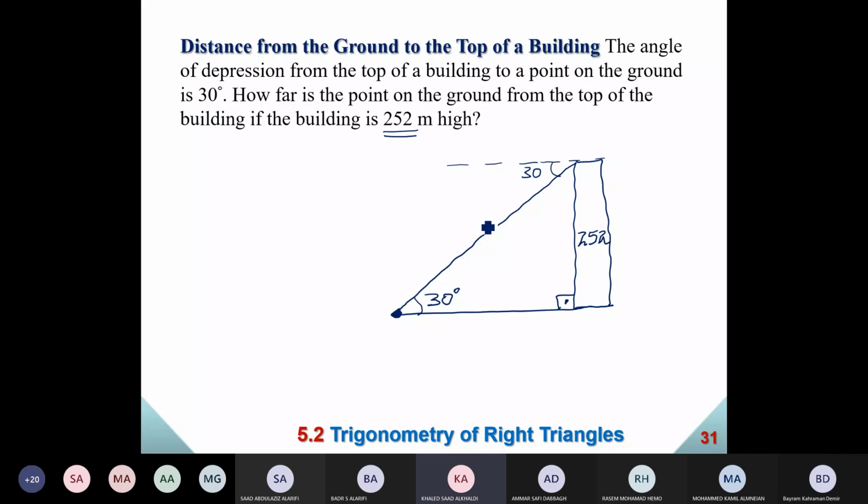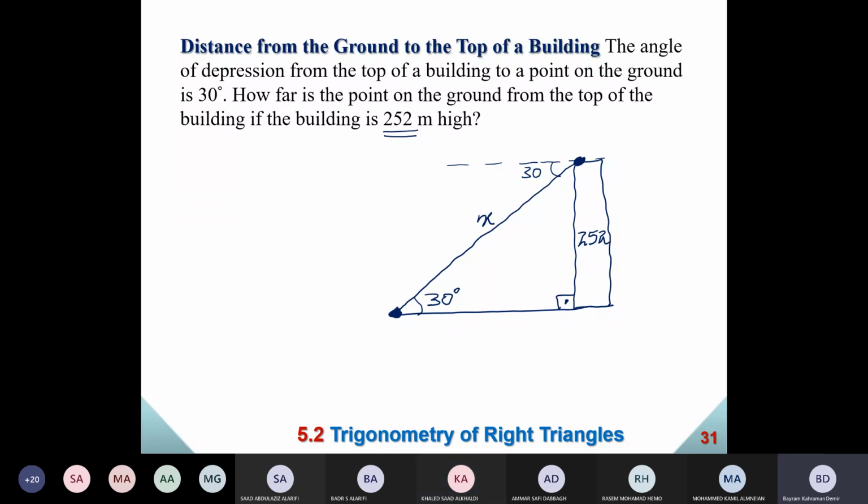The hypotenuse. Yes. This one, yes. The distance from the point to the top of the building. Suppose this is the top of the building and this is the point. So what is the distance between the point and the top of the building? Yani the hypotenuse.